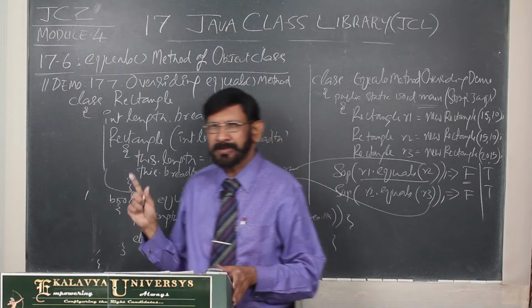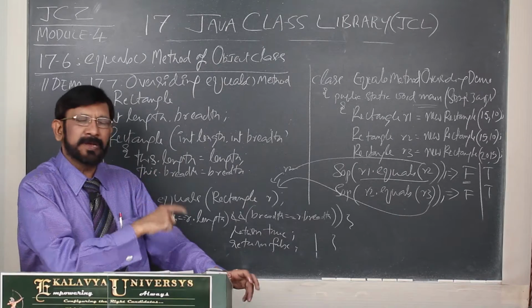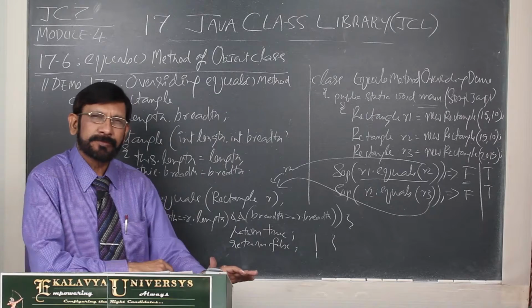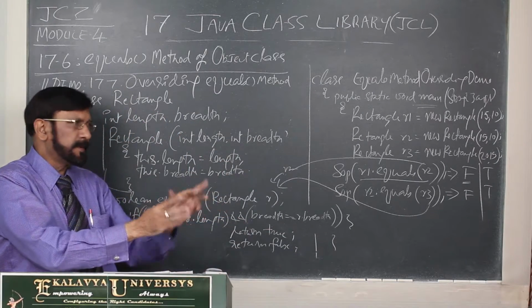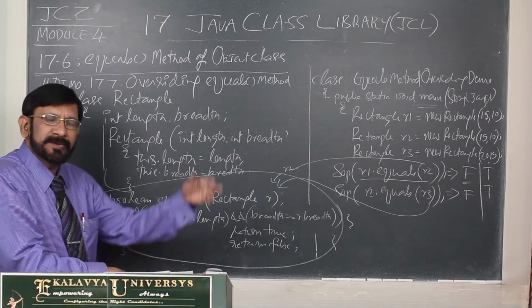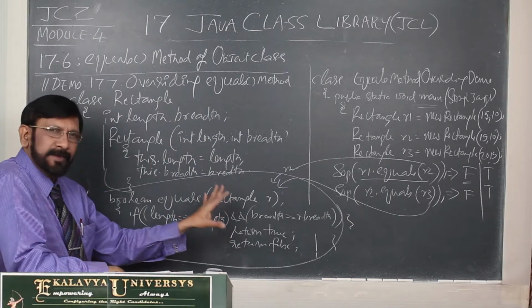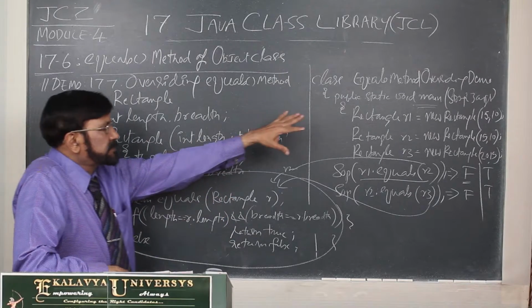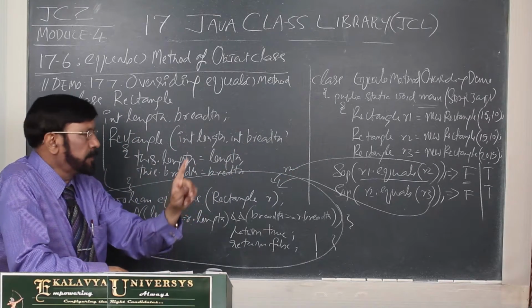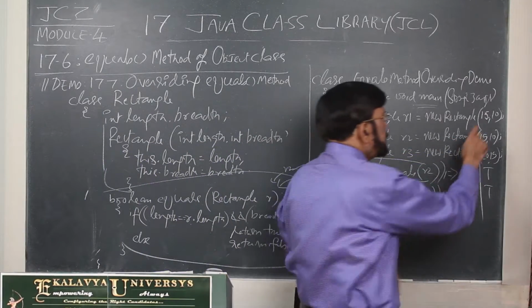Try to understand, because earlier I explained twice, and again once I am explaining, because 90% of students are confused at this point. So, you treat string objects separately, because this type of overriding was done in the String class itself, so we need not do it explicitly. As far as non-string classes are concerned, if you want to use the equals method for testing the equality of the contents, you must override it.